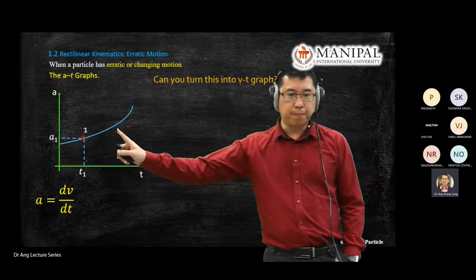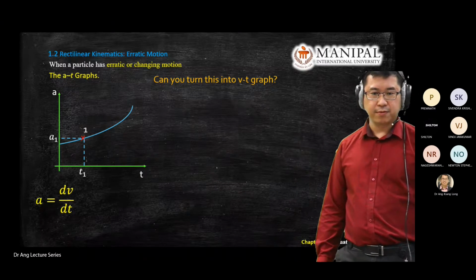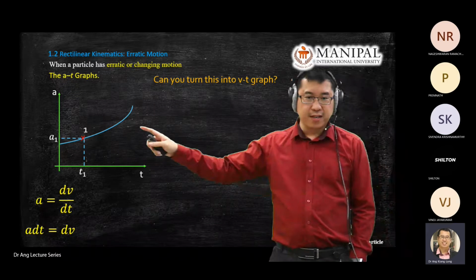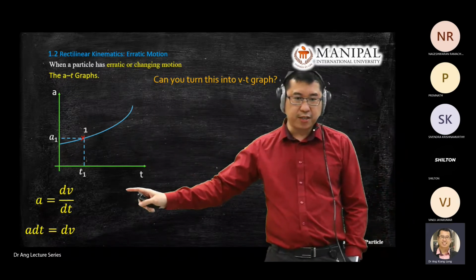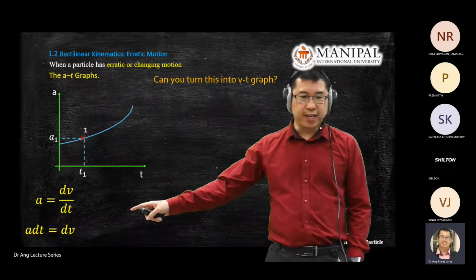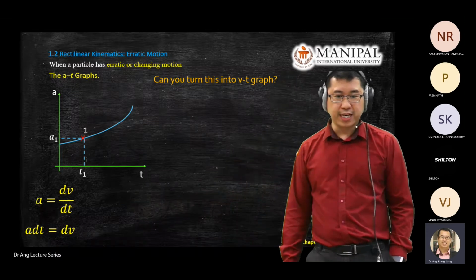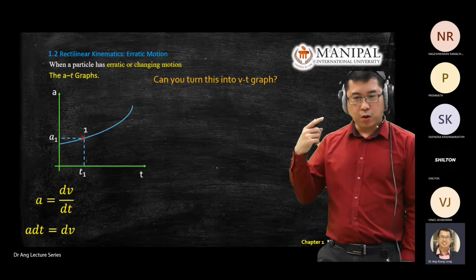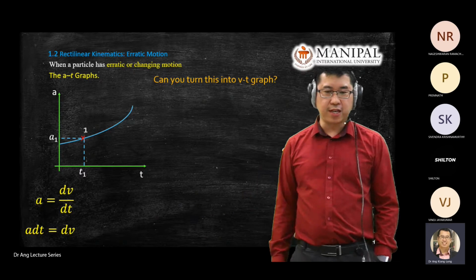From the A versus T graph, you use the acceleration definition, A equal to dV/dt. You rewrite the equation. You take the dt, pull to the left-hand side, you get A dt equal to dV. And recall what process we do if we have dt and dV in the equation.